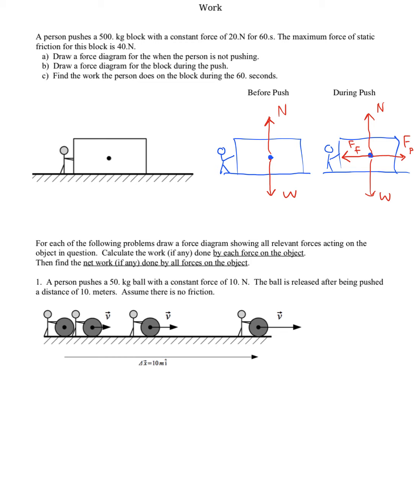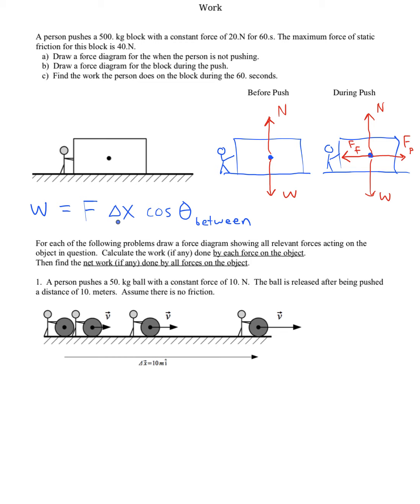Well, if you look at the formula for work, you'll see that it's the force times the displacement times a cosine of the angle between. And so in this problem, even though the person pushed with 20 newtons for 60 seconds, they actually didn't move the object.